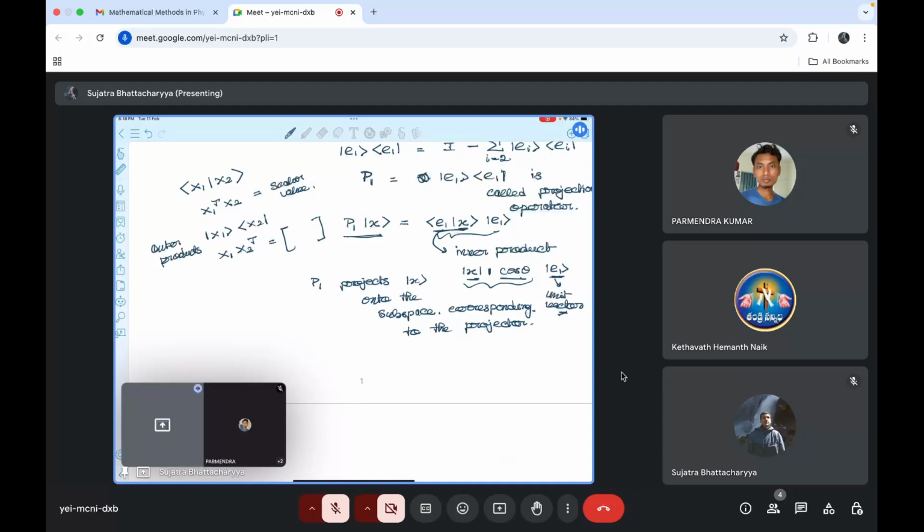Just remember this. This is the outer product and this is the inner product. You can read about it later, but I just wanted to show that the notations are different and the definitions are also different. And the value it will yield is also different. The inner product gives you a scalar value, whereas the outer product gives you a whole matrix, a set of vectors, I would say.